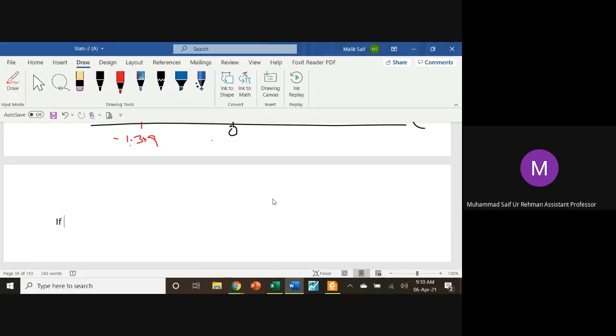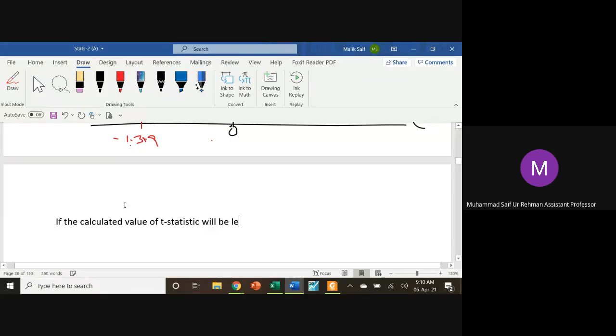So you will write down: if the calculated value of t-statistic is less than minus 1.319, we would reject H naught.